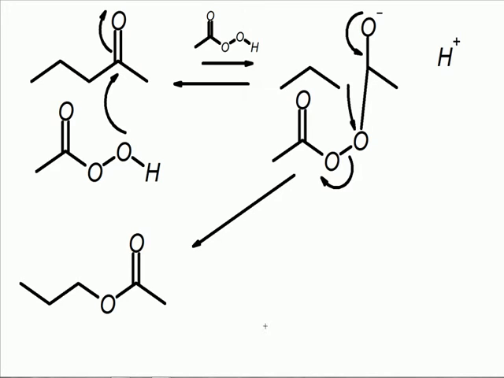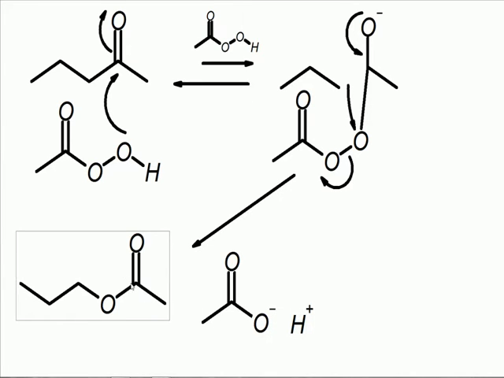So we'll draw that here just for clarity's sake. And then, of course, we have our hydrogen there that comes back into the picture and quenches that to form the carboxylic acid. We formed our ester. Everything is looking good. So that's really the mechanism.